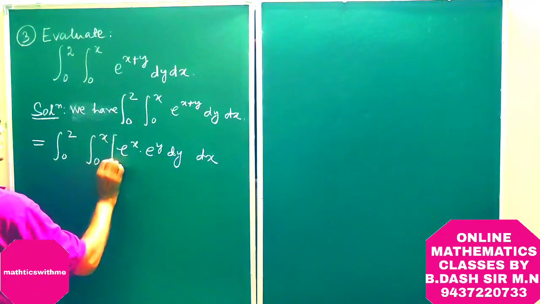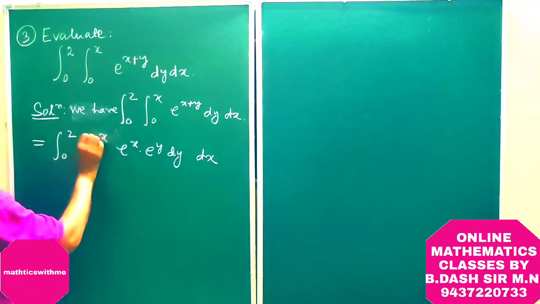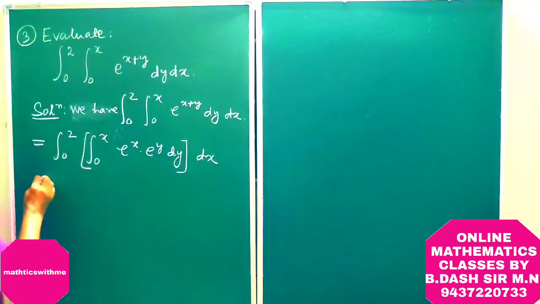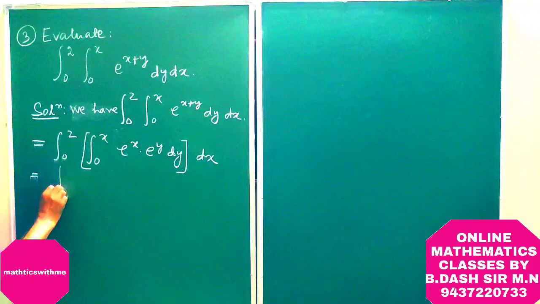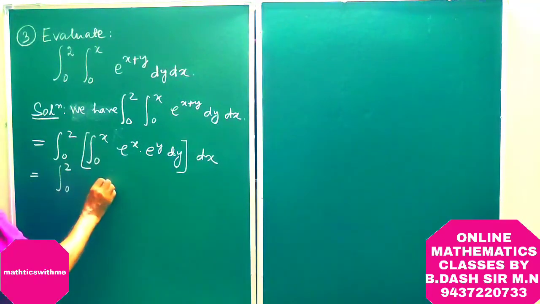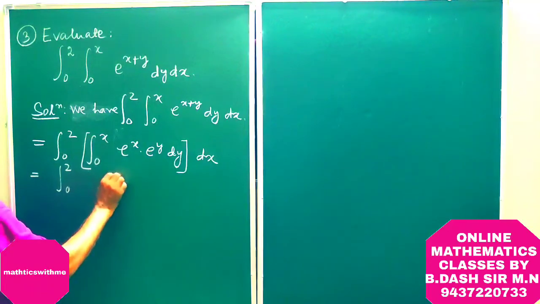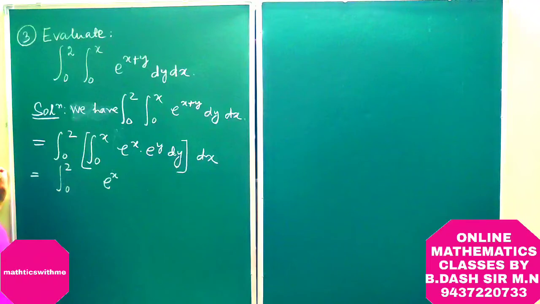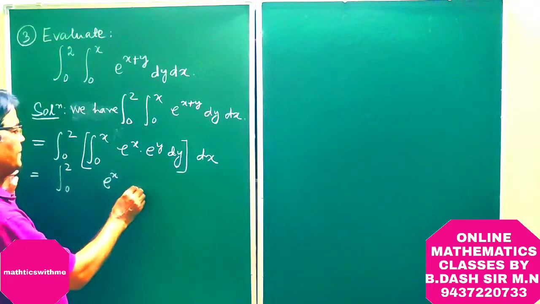So let us integrate first this bracket expression. So this is integration from 0 to 2. Here e to the power x is the constant because we have to integrate with respect to y.